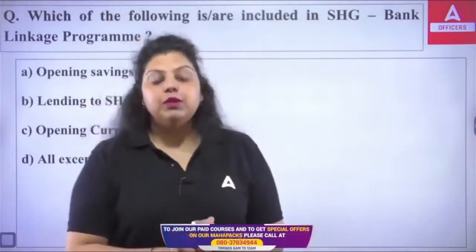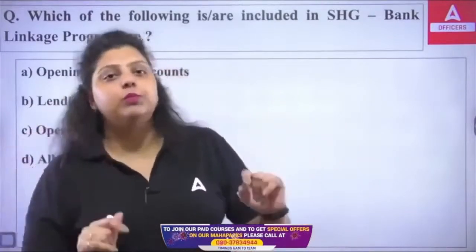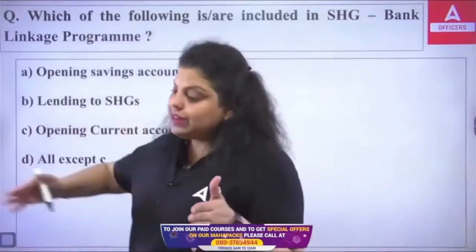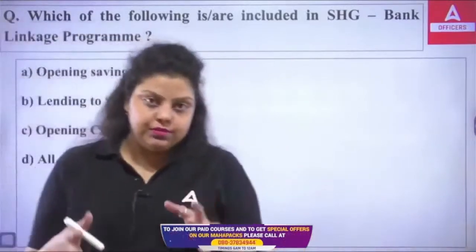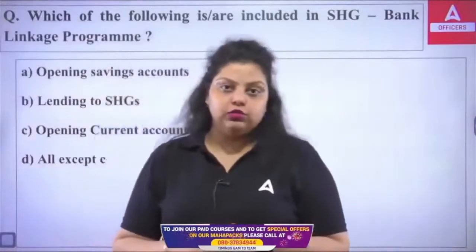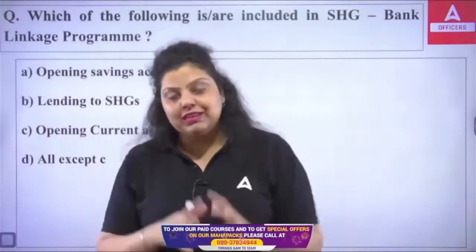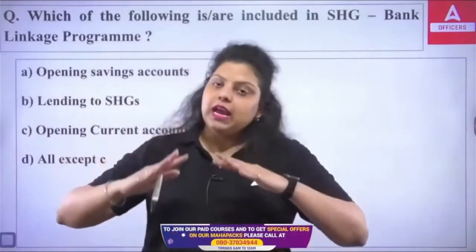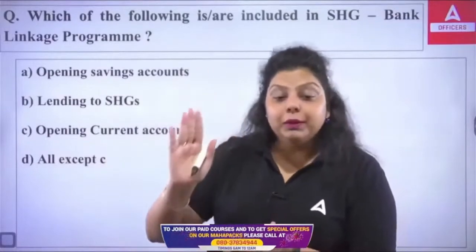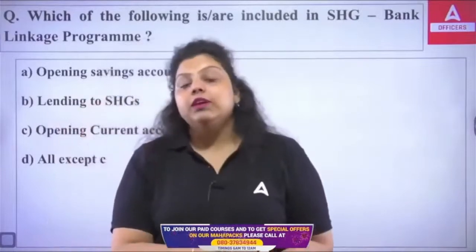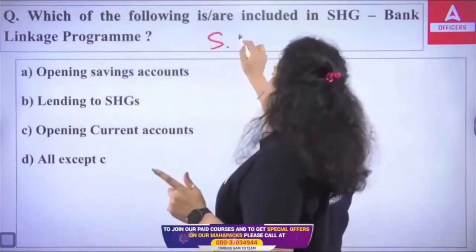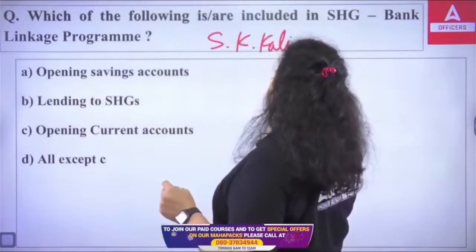Clear? Apart from that, when we introduced the self-help group, we wanted everyone to have a habit of savings, but we also wanted to fulfill their funding requirements. They contribute a certain amount of money in a particular duration, and whoever requires money, that money will be provided to that person. We have also provided the services of bank linkage, and this bank linkage program was recommended by the SK Kalia committee.